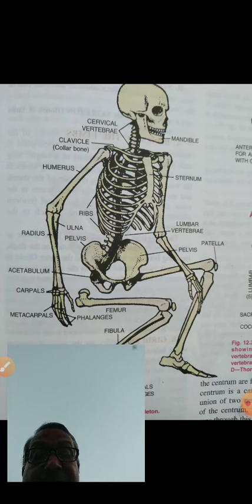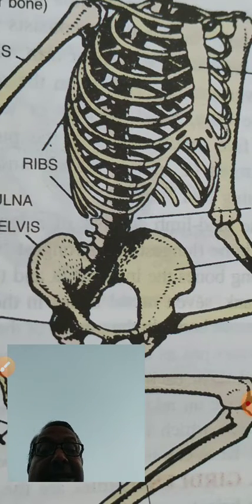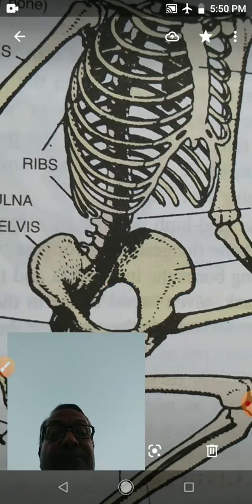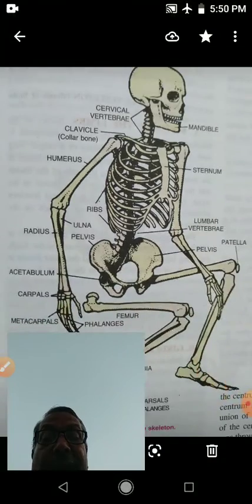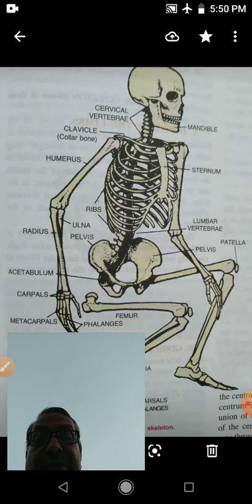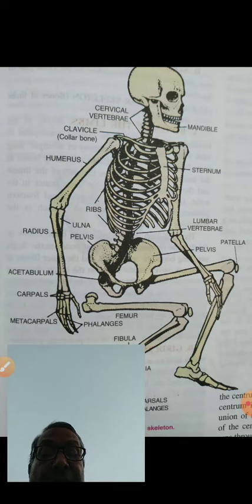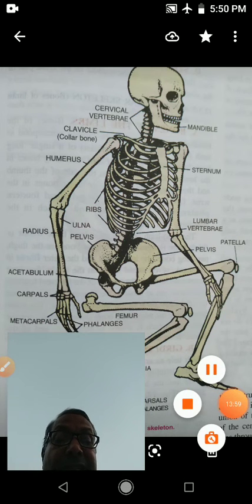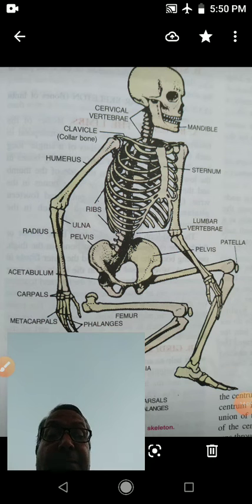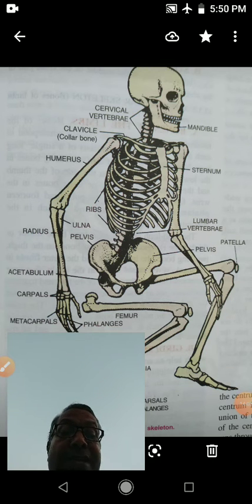Again these are the ribs which form the rib cage, and the front bone is the sternum, that is the breastbone. Again, bones of the forelimbs: humerus, radius ulna, carpals, metacarpals and phalanges. Bones of the hind limbs: femur, patella, tibia fibula, tarsals, metatarsals and phalanges. So these are the bones of the human skeleton.